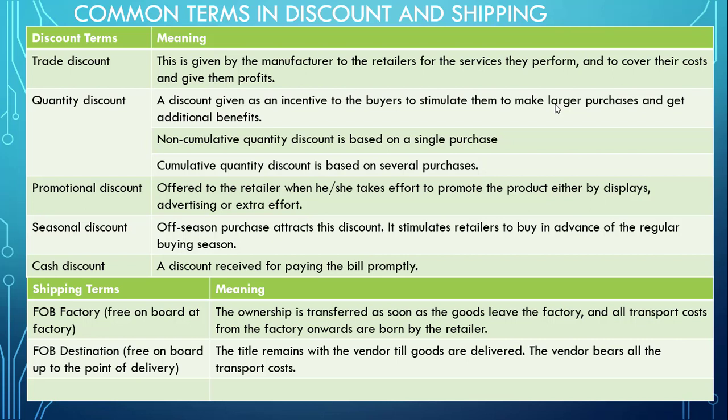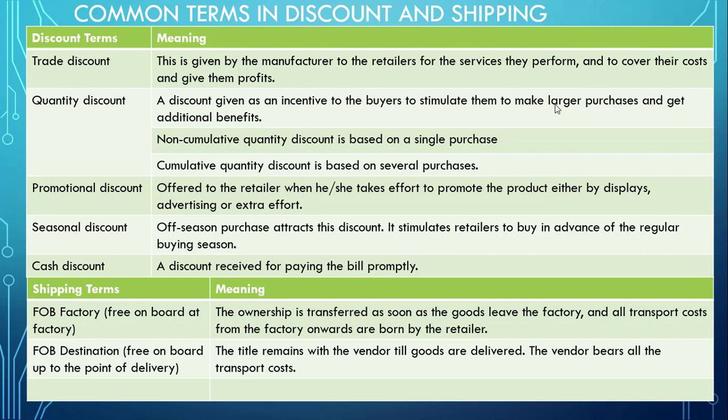A cash discount is a type of incentive or discount that the manufacturer provides for retailers because the retailer pays off the bills in the time allocated, or on time. So it is known as cash discount. These are the types of discounts that you might hear very often when you are in a retail business.